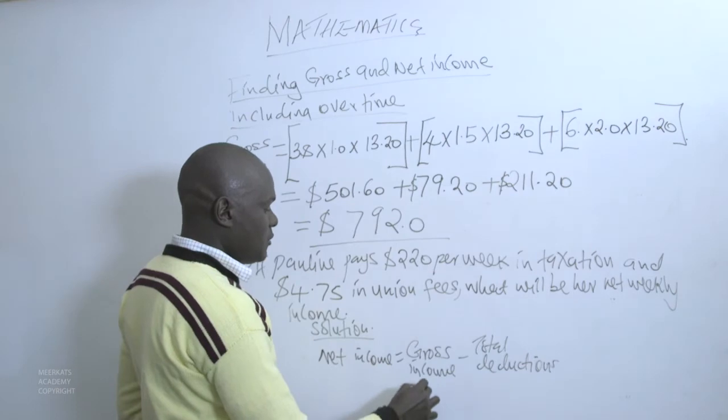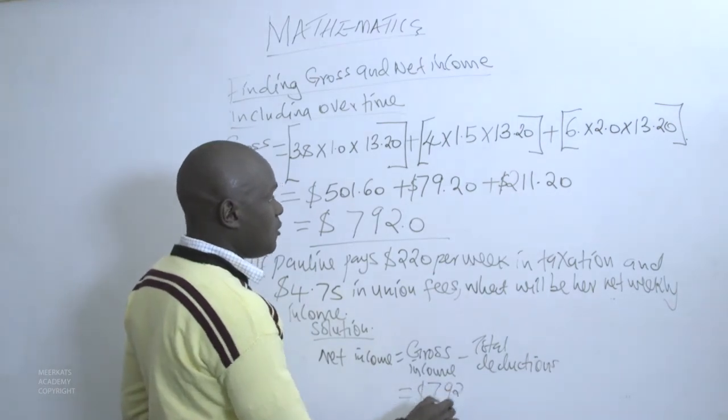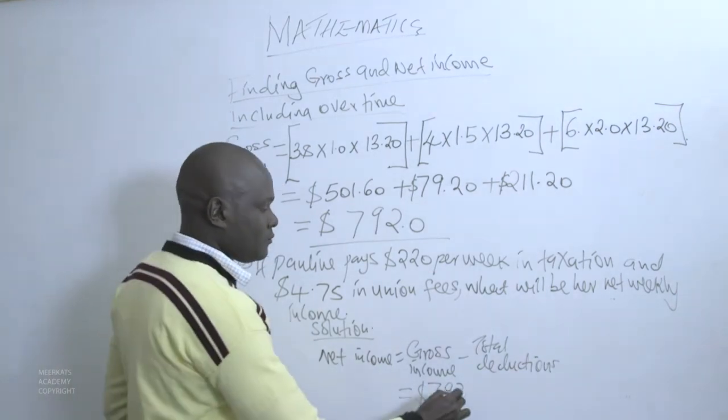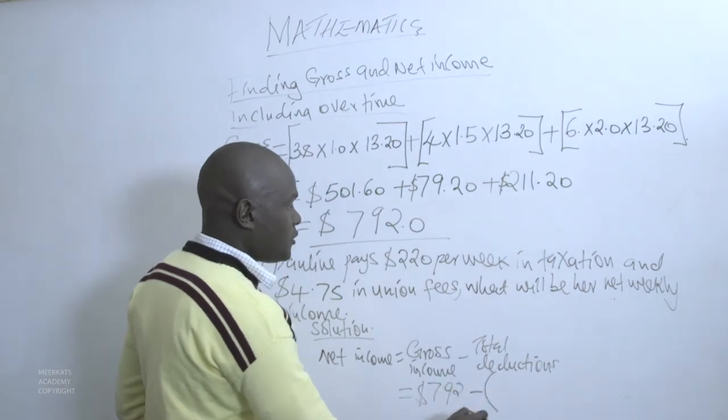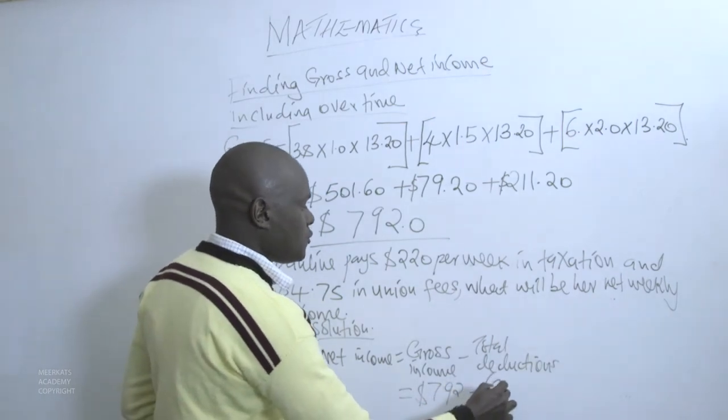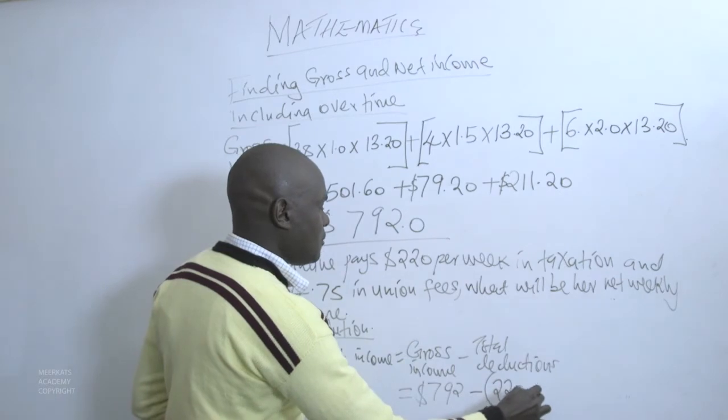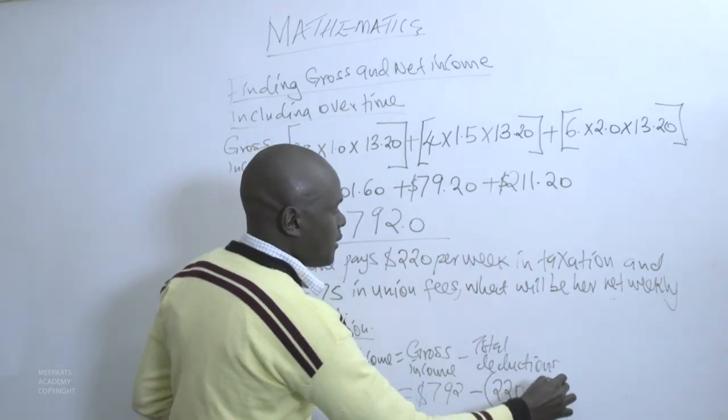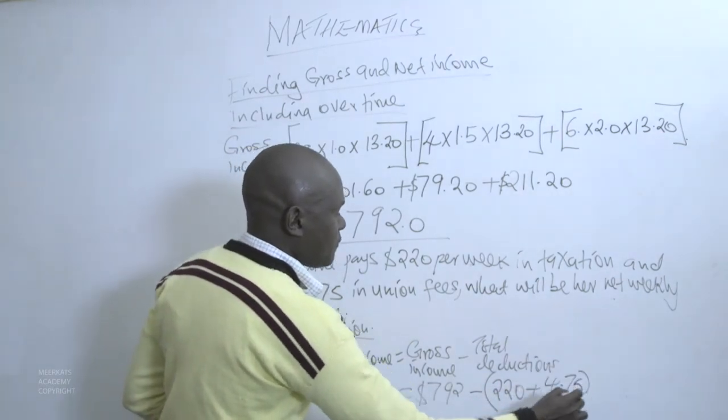Our gross income is $792 and our total deductions are 220 plus 4.75.